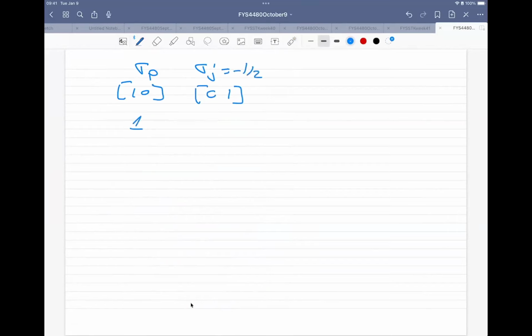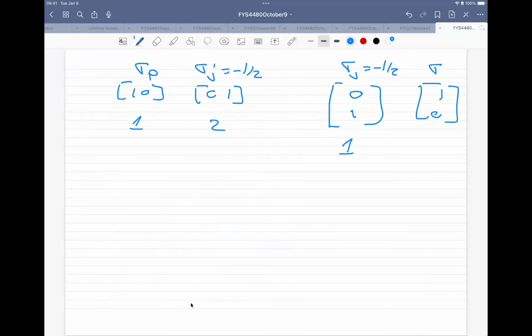So this is 1 and this is 2. But then we have the exchange term, which gives us sigma j equal to minus 1/2. So this is 1, but now we have 0, 1. And then for the other one, we have 1, 0, which is sigma p. And now you see that if I try to match this one with that one, we obviously get 0.